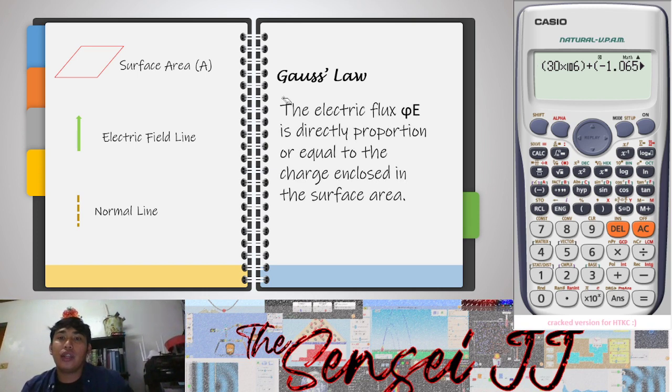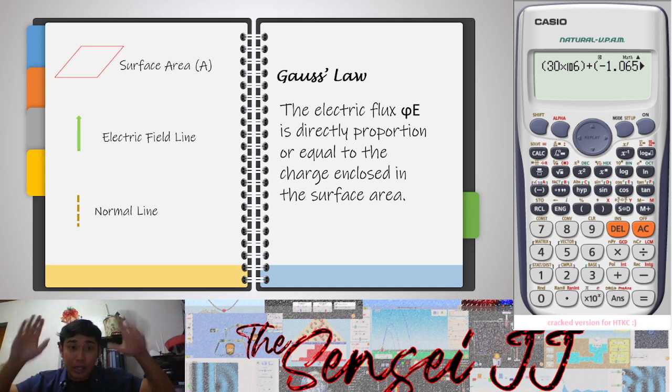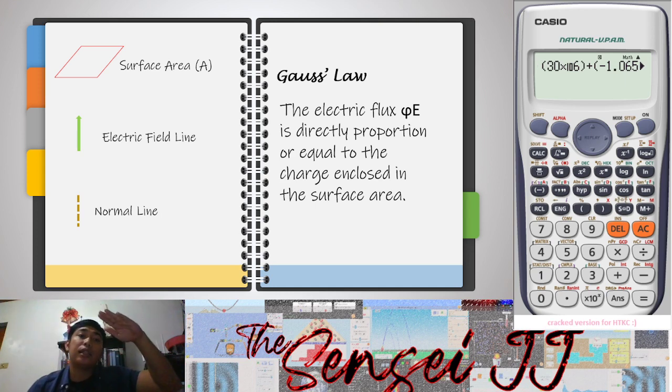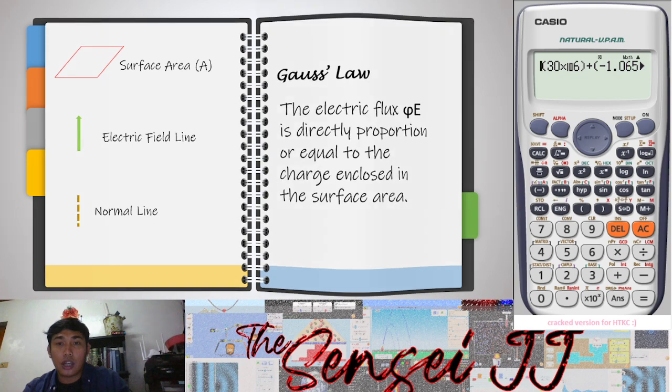So Gauss law, the electric flux phi E is directly proportional or equal to the charge enclosed in a surface area. For a given area, there will be a certain charge, and ang pag-pass through ng electrical field doon sa ating surface area is perpendicular sa kanyang surface area. So kapag nakalapat siya sa lupa, diretso pataas naman yung ating electrical charge.